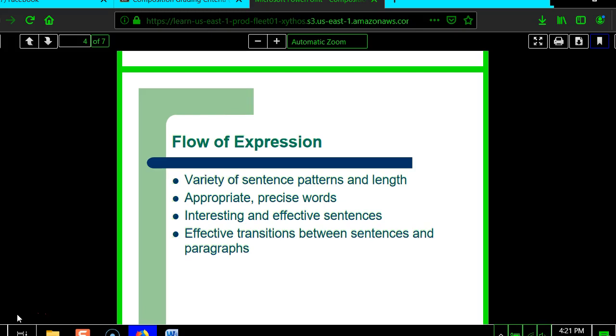Finally, we also need to incorporate transitions to alleviate the reader needing to make mental leaps. Words such as since, then, although, and other such words can tie ideas together.